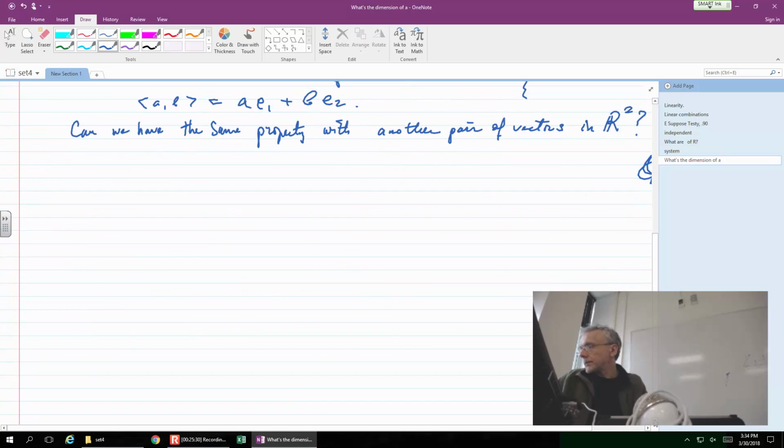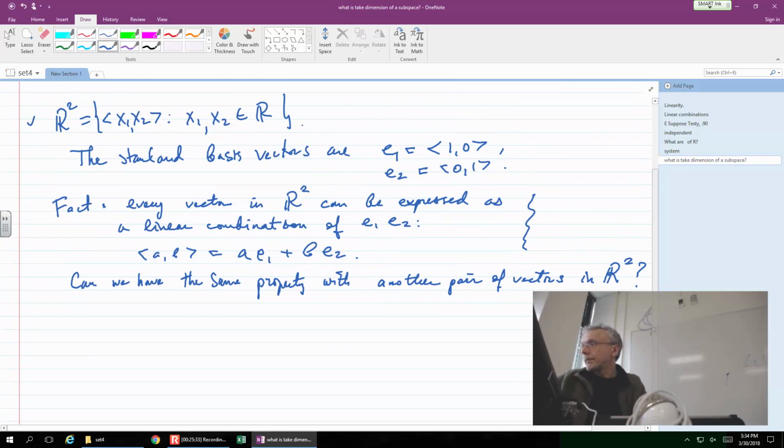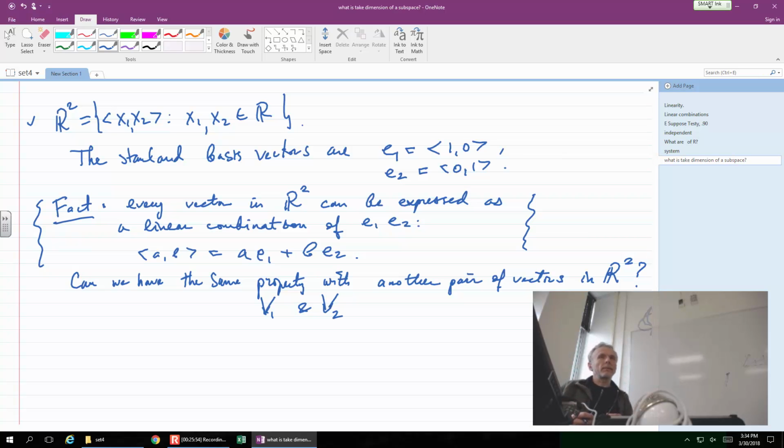What do you think? The property is this fact over here. Can we replace E1, E2 with, say, V1, V2, such that every vector in R2 can still be expressed as a linear combination of V1, V2? That's right. As long as they're not parallel, it would do the trick.